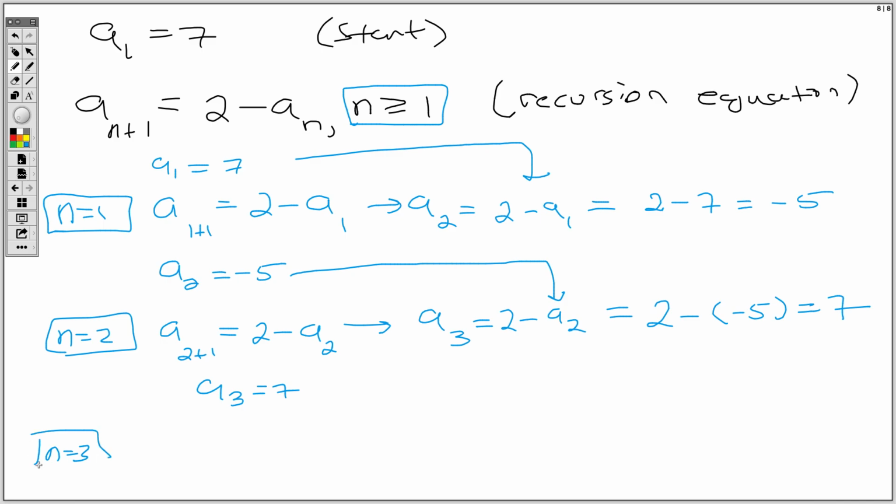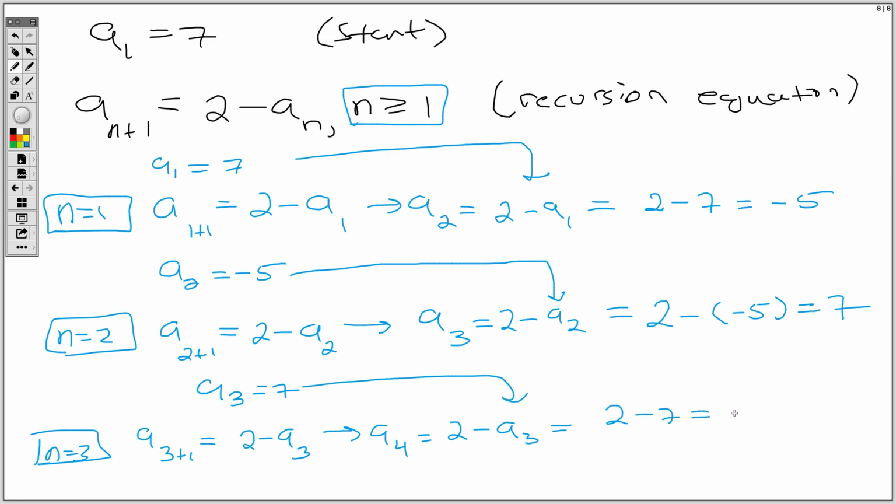And one last one here to get to the fourth term. n equals 3. a sub 3 plus 1 is 2 minus a sub 3. In other words, a sub 4 is 2 minus a sub 3. a sub 3 is 7. 2 minus 7, negative 5. So a sub 4 is negative 5.